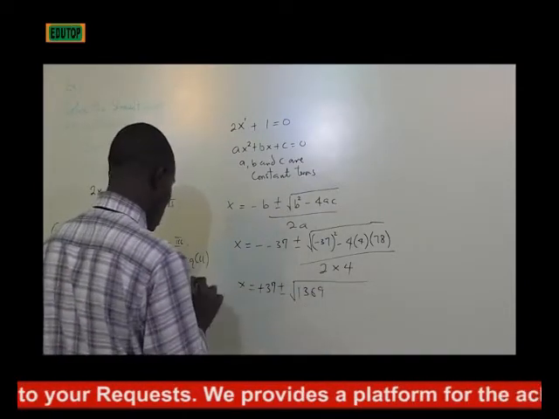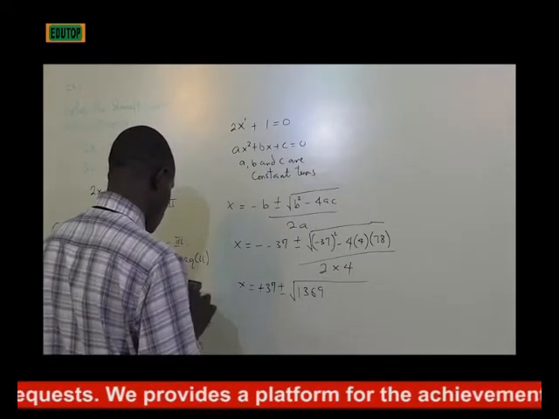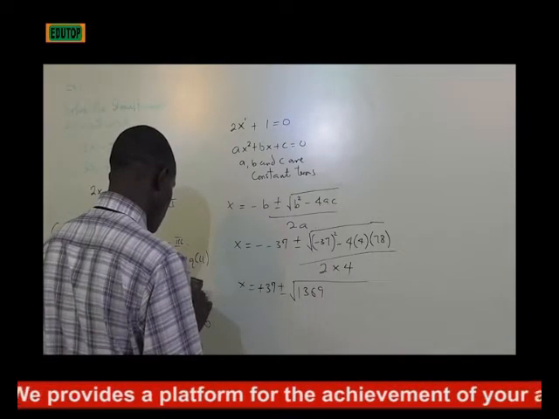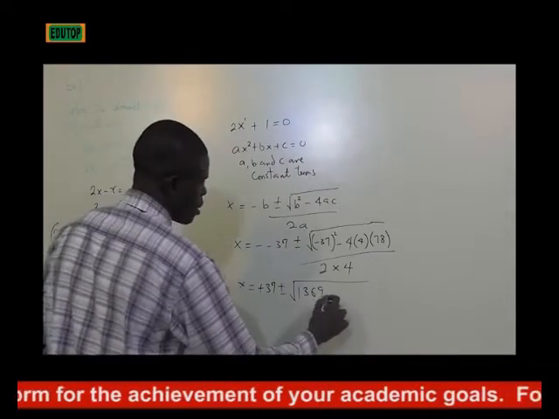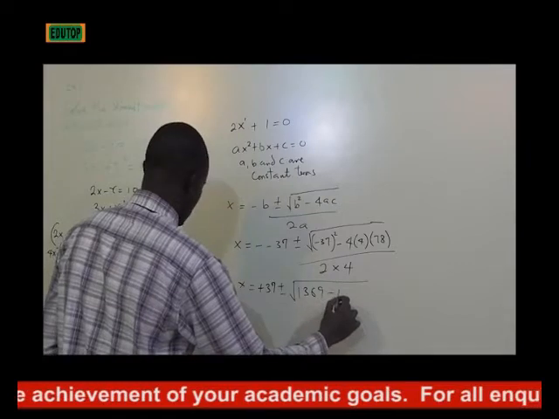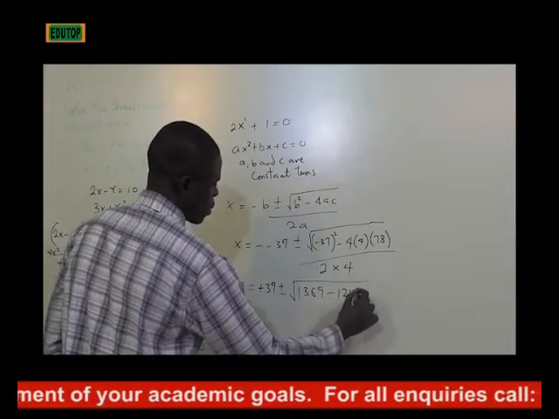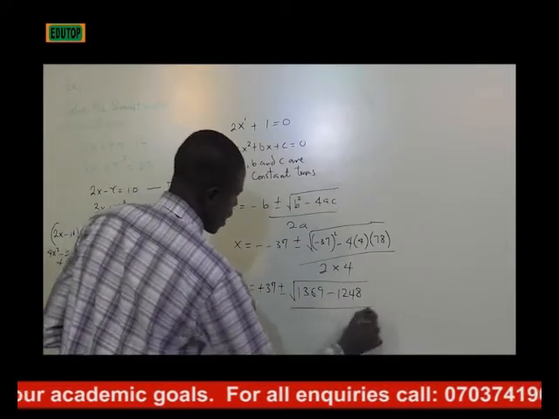Then 16 times 78 will give me minus 1248, over 8.